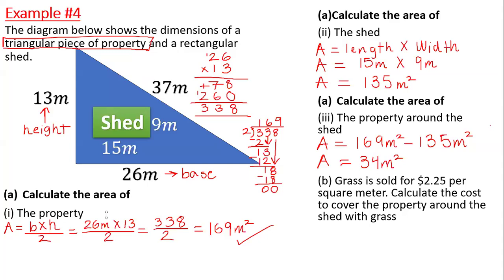You multiply because the area around the shed, you're trying to get a bigger number to fill in the space around the shed. We're multiplying because it said per square meter. How many square meters do we have around the shed? 34 square meters, right? So we have 34 square meters. How much is for 1 square meter?